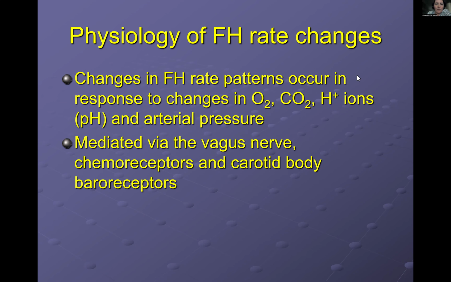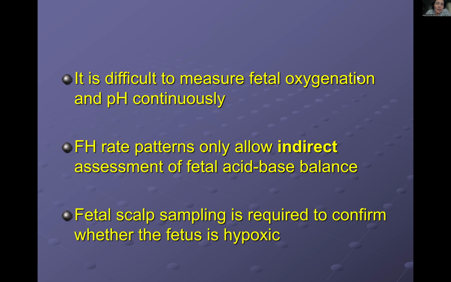So, of course, it is not easy to directly measure the level of oxygen in the blood in the fetus and the level of pH. I mean, you can't have an arterial line or something attached to the fetus during delivery to measure directly the oxygen levels and the pH levels.